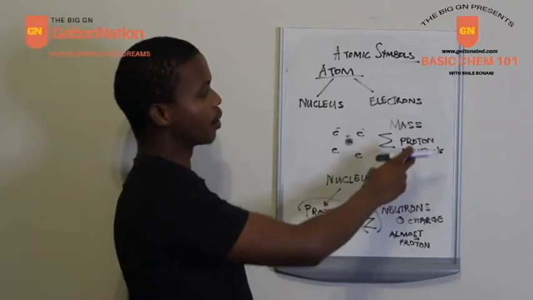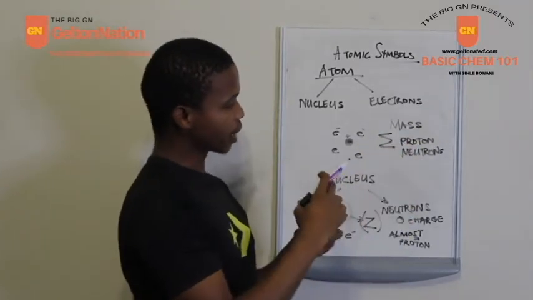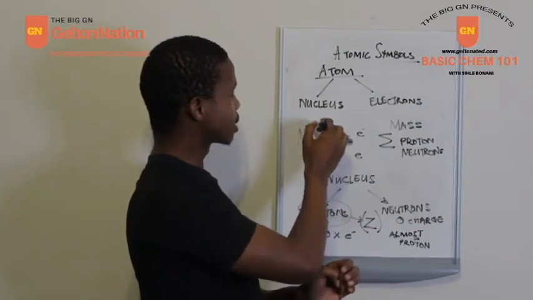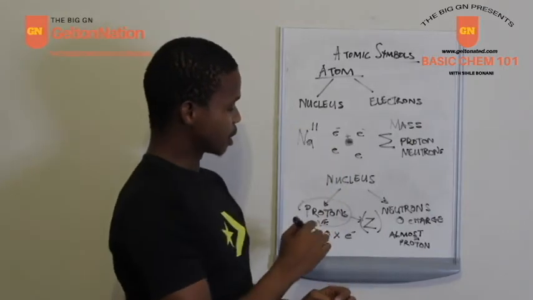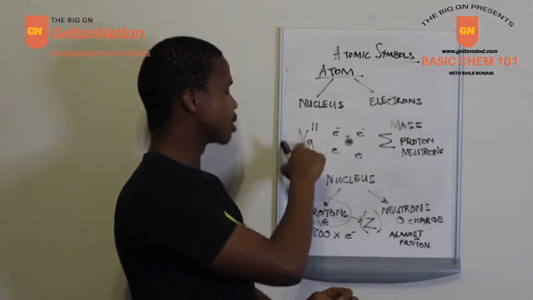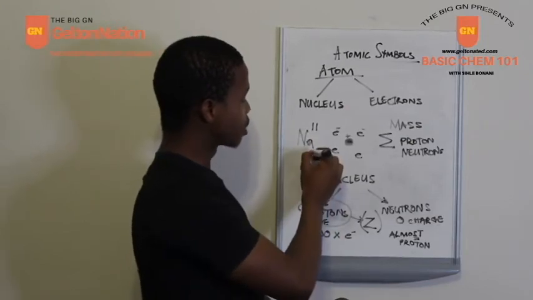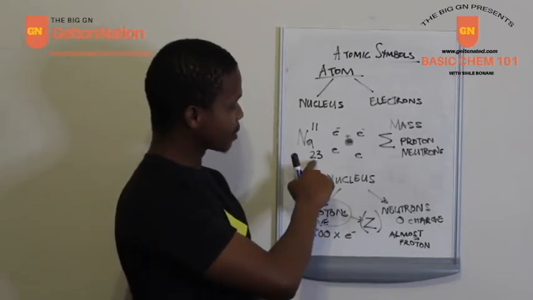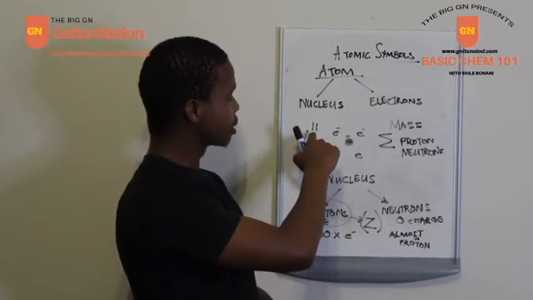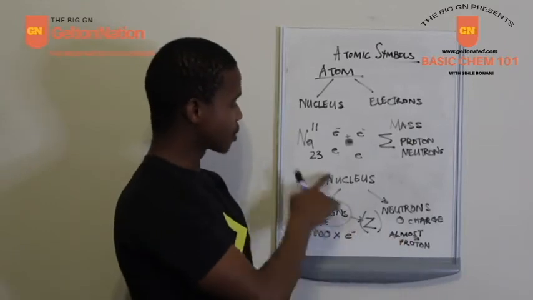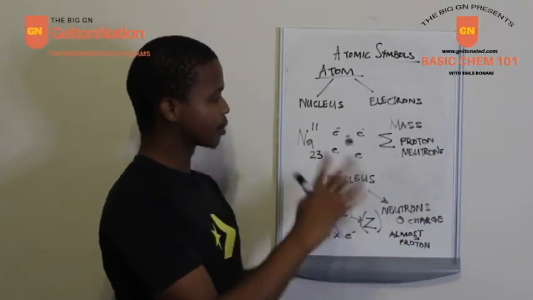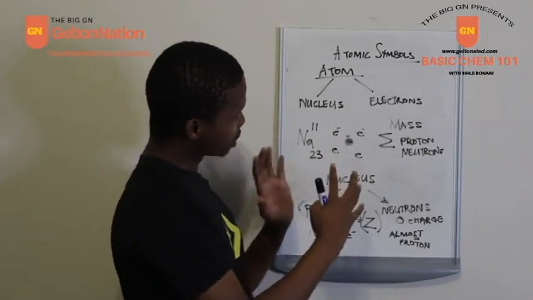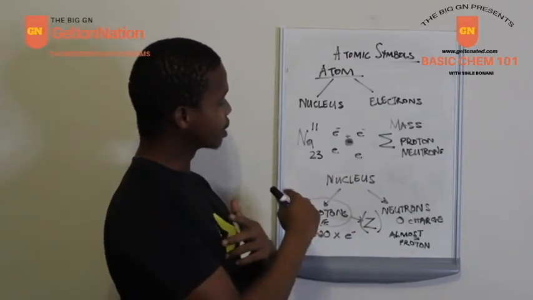For sodium, you find that the atomic number is 11, which means you have 11 protons in sodium, and the mass number is 23. Now, 23 means you have 11 protons and 12 neutrons, which make up your mass number. So that is how your atom is structured and how it is divided.